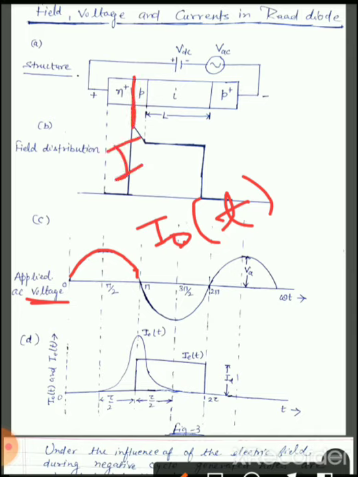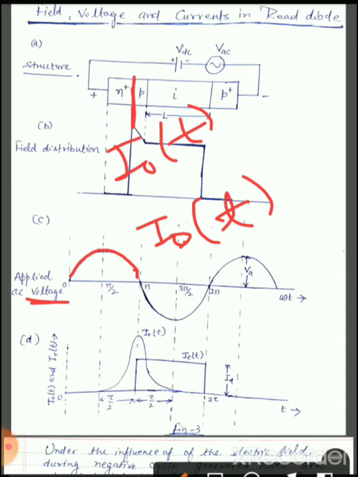Here the current I0(t) is generated by avalanche multiplication, and it grows exponentially with time.